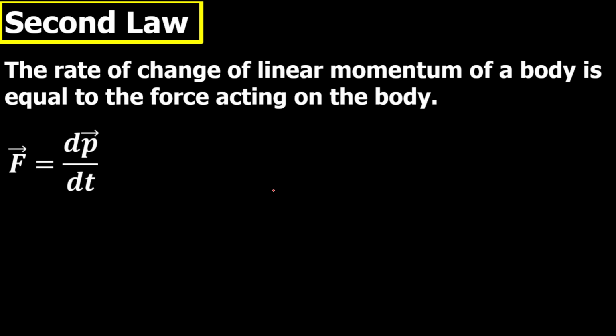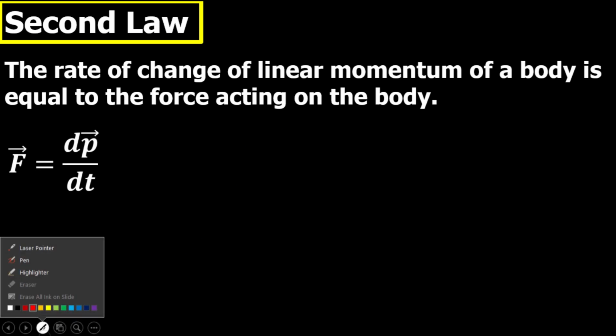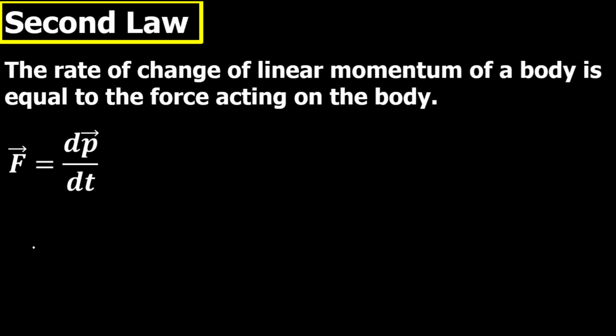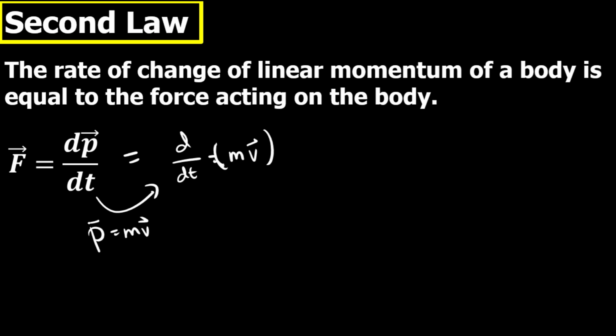So how do you get F equals ma from this equation? Well, we can use our definition for momentum, because we know p equals mv, to get d over dt of mv. At this point, we can assume that mass is going to be constant.